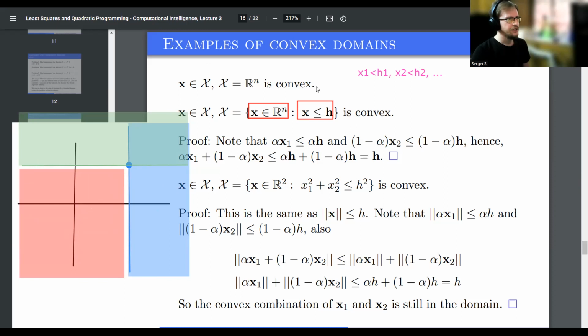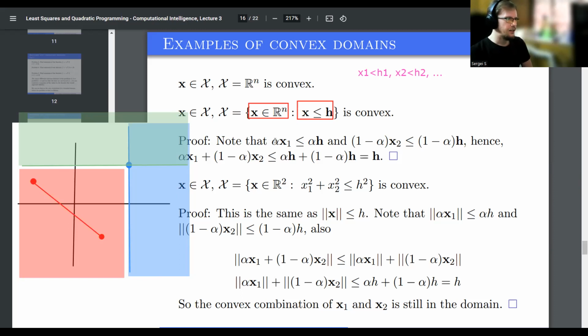Can I prove that this is convex? Oh yeah, sure. Take any 2 points here, and connect them with a line, and just prove that the line has to lie inside. How do I do it? Well, I would do it algebraically, not geometrically.